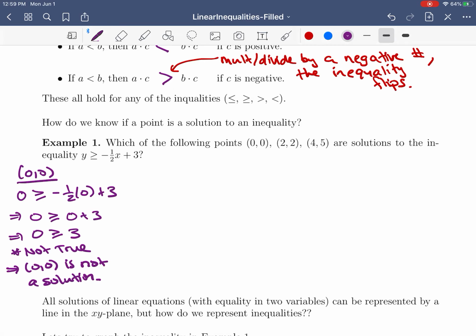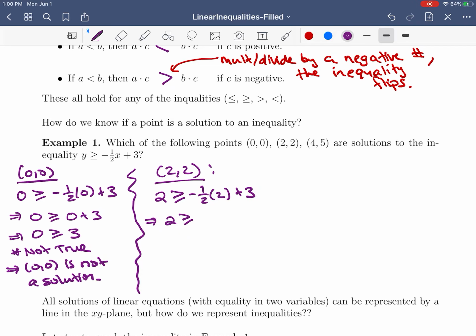to the inequality. So remember, if you get something that doesn't make sense, that means that the thing you plugged in was not a solution. If we plug in 2, 2, then I'm going to have 2 is bigger than or equal to negative 1/2 times 2 plus 3. So this says 2 is bigger than or equal to negative 1 plus 3, which means 2 is bigger than or equal to 2.